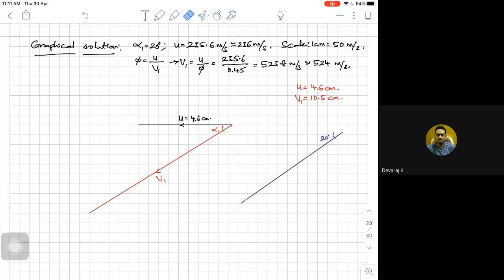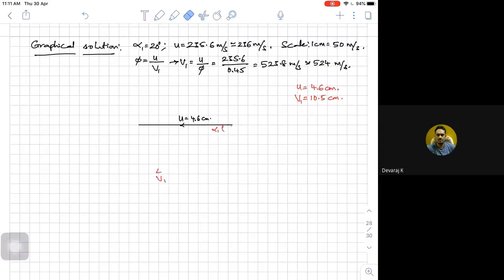Once you get that, you connect the end of the V1 to this point, and this is a vector diagram. It has to close. This is my VR1.